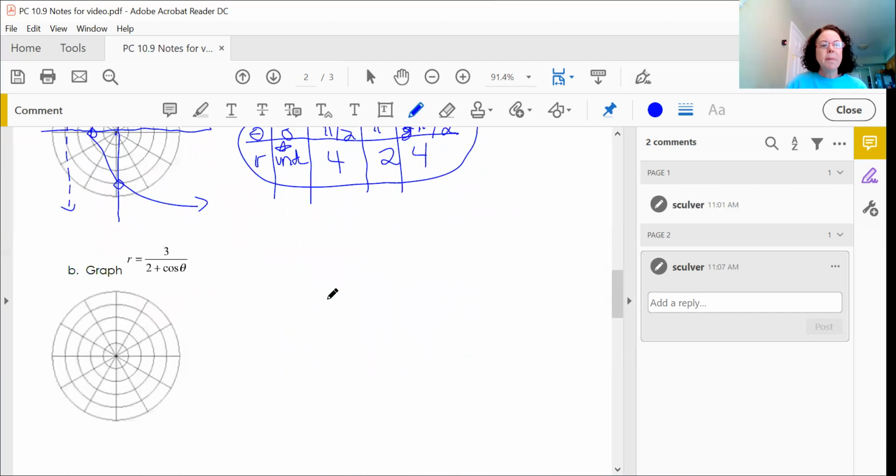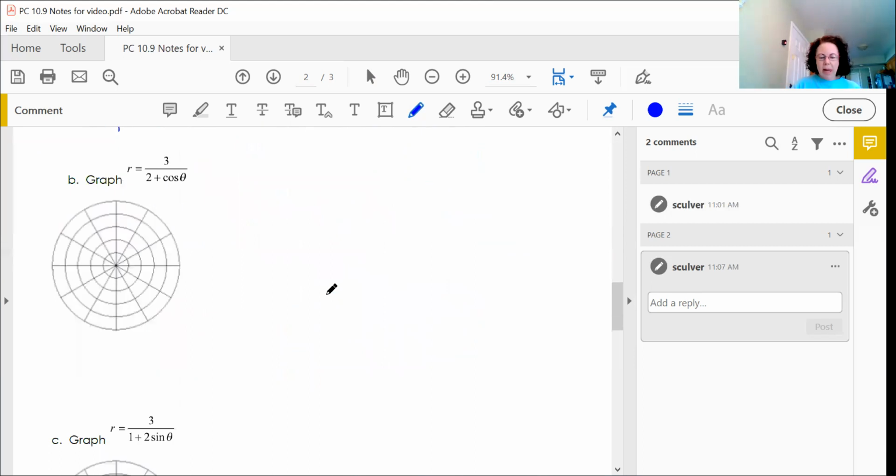Let's graph B. Okay, notice we first have to have a denominator. In our denominator, we need a 1 to begin, and we don't. And so that's okay. All we're going to do is divide the numerator and the denominator and everything in it by 2. So we have r equals, right?